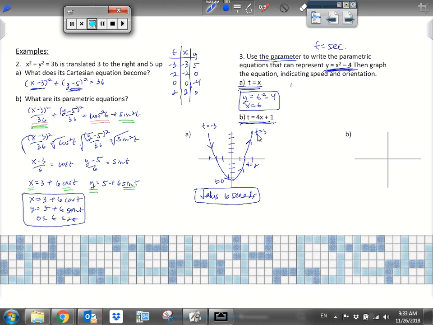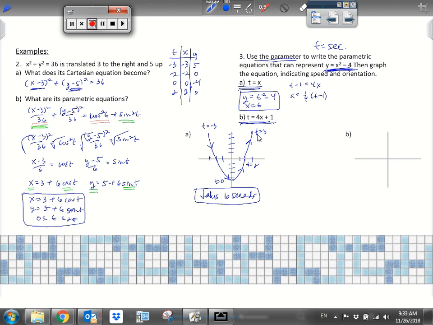So we'd have t minus 1 equals 4x. So x is going to be 1/4 (t minus 1). Okay, so that's my x. Actually, that's my x equation in my parametric equation. I need my y equation.